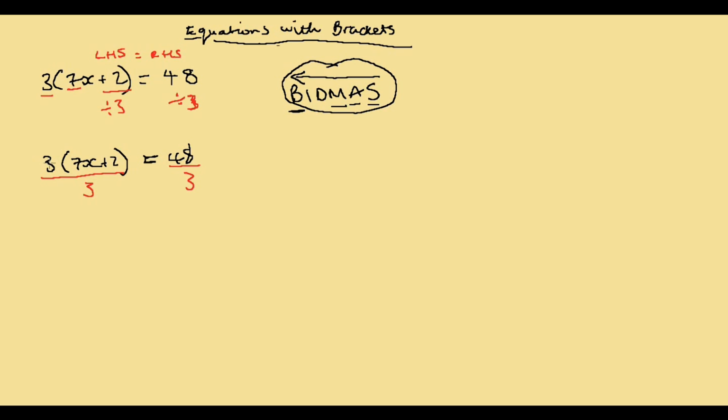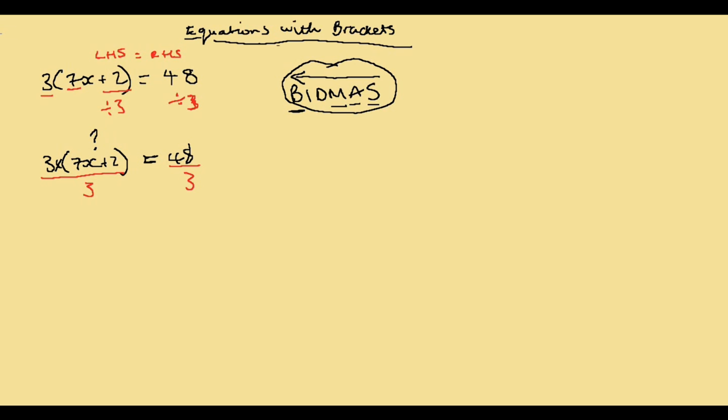So if I've got 3 and I times it by anything, 7x plus 2 could be any number, doesn't really matter, but there is a quantity here. So if you think of a number and then multiply it by 3 and then divide it by 3, hopefully, if you've done it correctly, you're going to end up back with your same number, i.e. this same bit here or the same bracket.